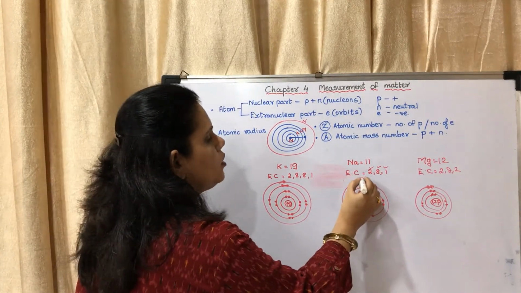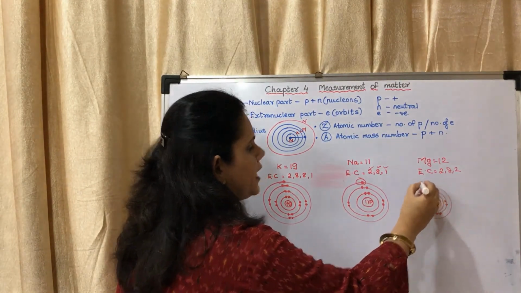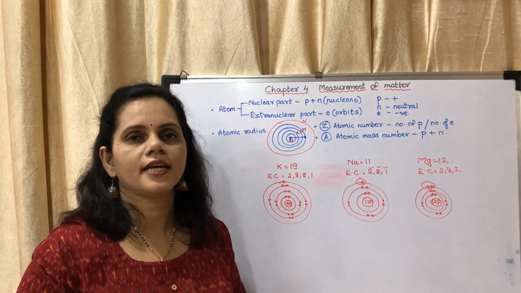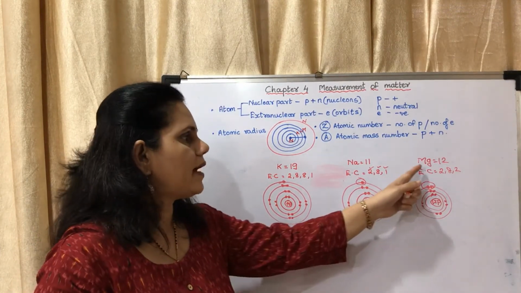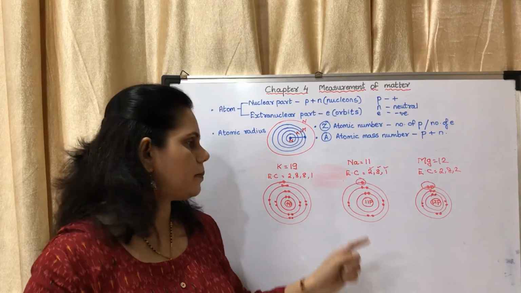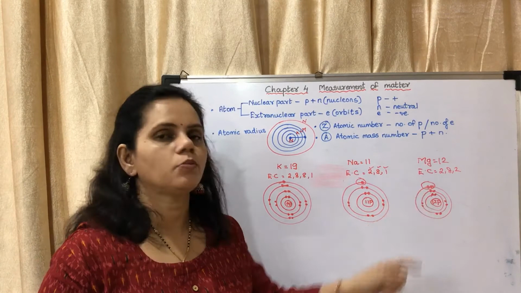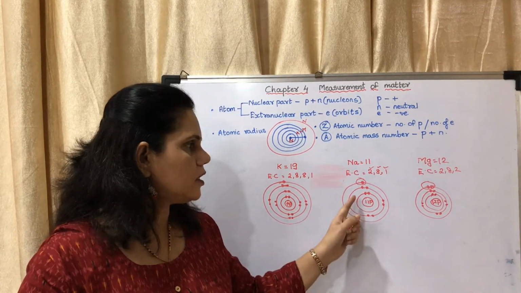Here there is only one shell, one electron. Here there are 2 electrons. As the number of electrons in the outermost shell increases, the size decreases. That means magnesium is smaller compared to that of sodium. Why? Because magnesium has more electrons in the outermost shell than sodium.